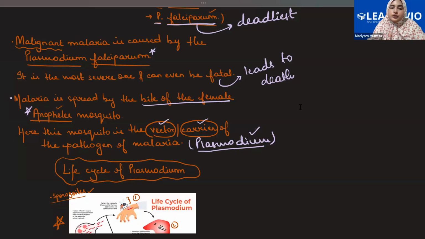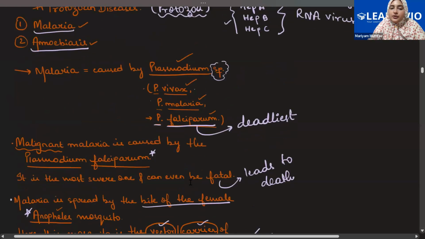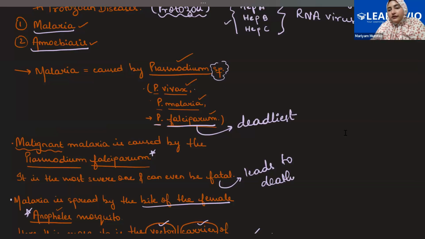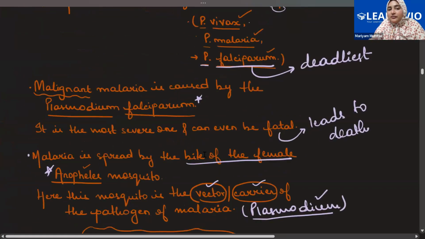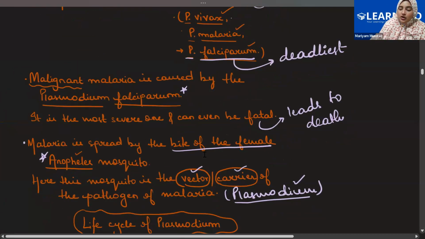All right. So in the previous class, we had discussed malaria, right? We saw how Plasmodium is the causative agent of malaria, and it has a lot of species which cause different kinds of malaria in human beings. Now, Plasmodium falciparum is the deadliest kind of protozoan, and it causes malignant malaria.